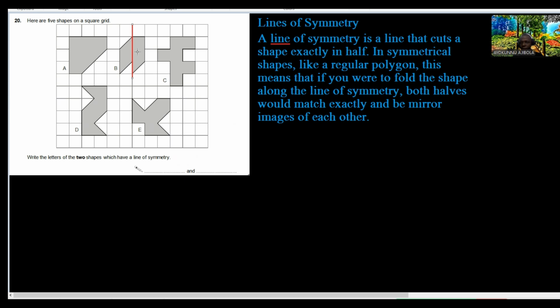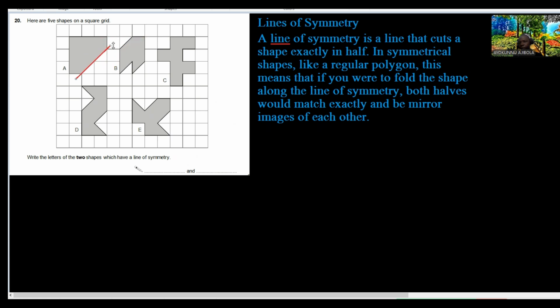Is that clear? So we can't really say it has a line of symmetry. And anyhow we cut it, one portion will always be greater than the other.